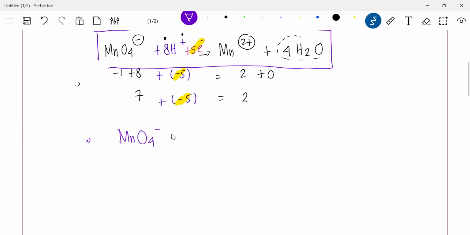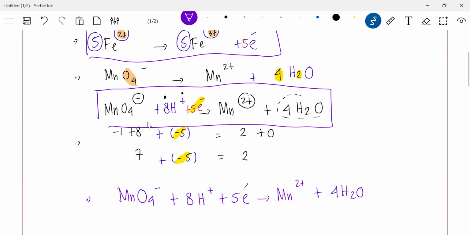MnO4 negative plus 8H positive plus 5 electrons become Mn2 plus plus 4H2O.